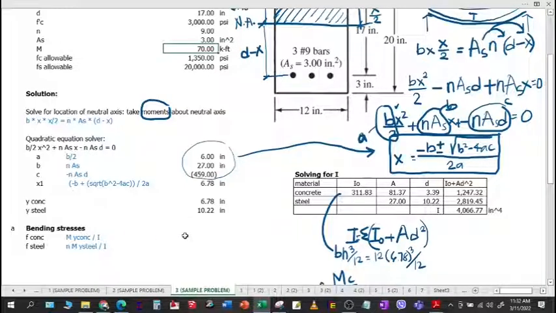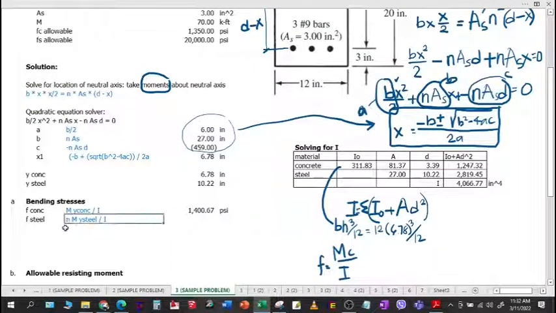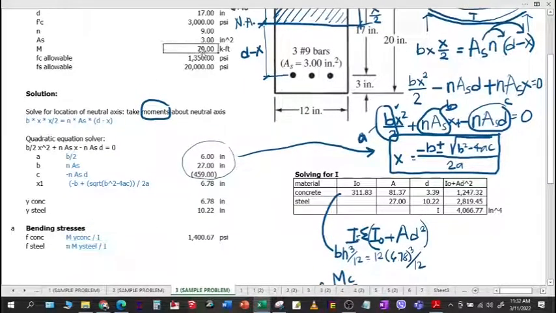Okay, so 12,000 times 6.78 divided by I, you will generate this answer. And for steel, N, which is 9, times the moment, which is 70, and multiply it by 12,000, then multiply by the Y of steel, which is 10.22, and divide it by I, and you will generate this answer.